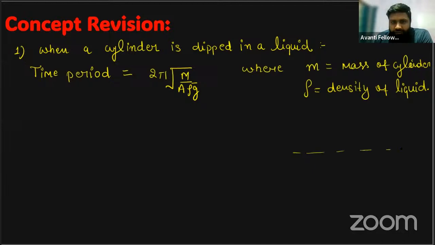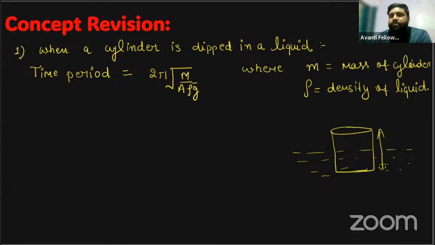So this is the cylinder we have, and it is partially dipped inside the liquid, and it is oscillating to and fro. So the time period of oscillation is given by 2 pi root m upon A rho g.